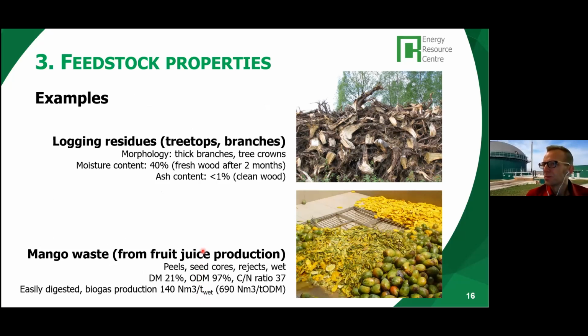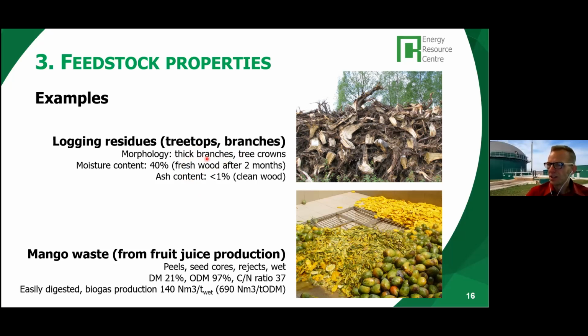Yeah, some examples of feedstock properties. For example, if you look at logging residues that you may find in forests, say for example the tops of trees or the branches that are left in the forest when the trunks are taken out.